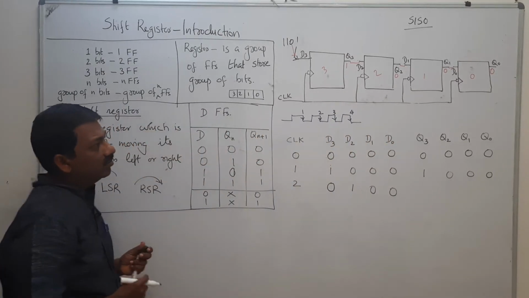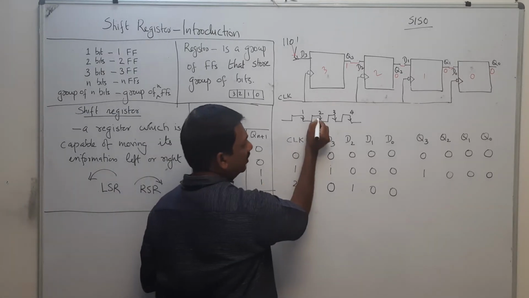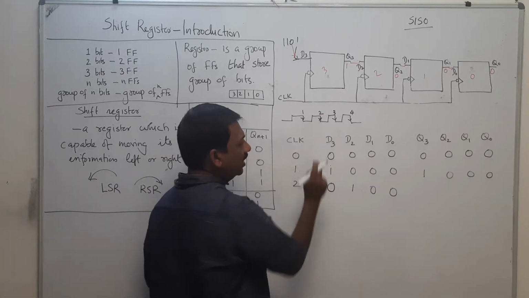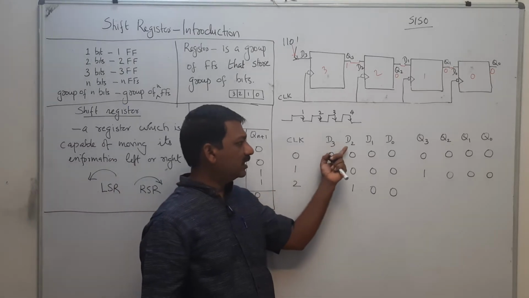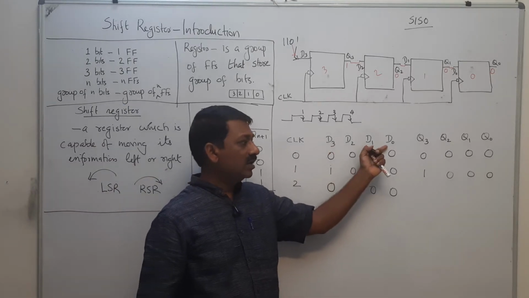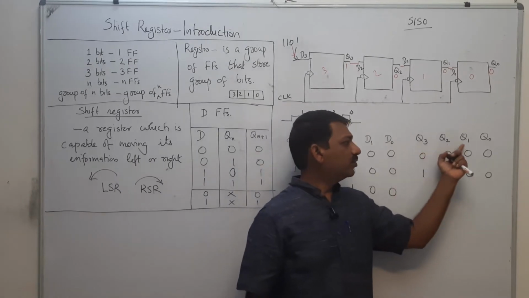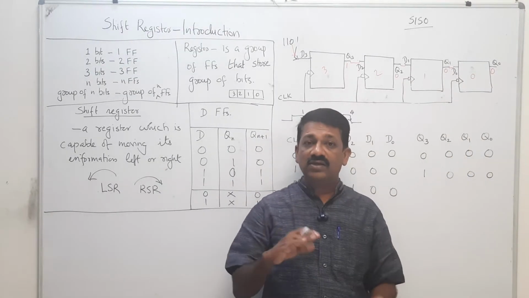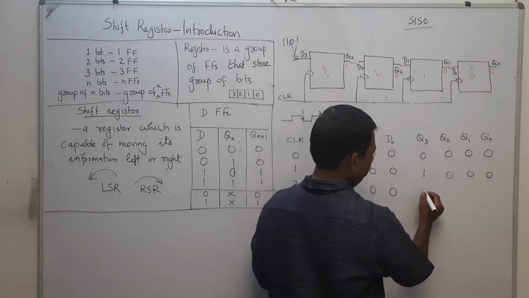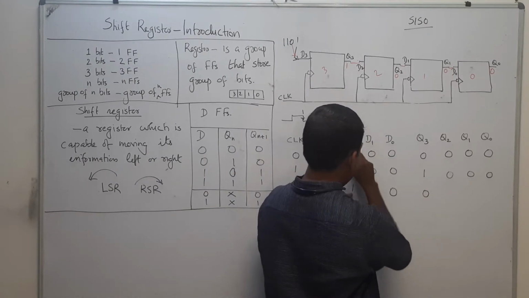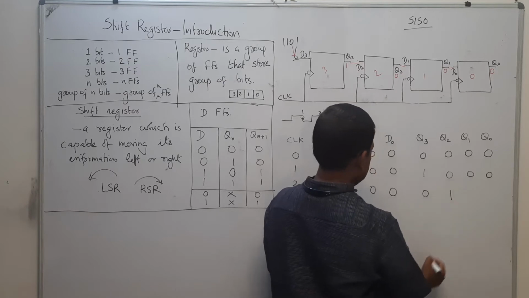This is the second clock pulse. When the second trigger occurs, depending on the values of D3, D2, D1 and D0, Q3, Q2, Q1 and Q0 will be set or reset. As D3 is 0, Q3 will be 0. D2 is 1, so Q2 is 1.